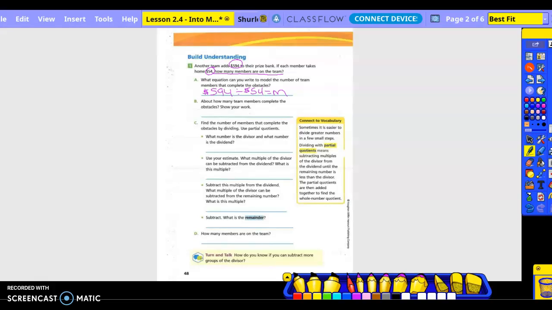So we always say we estimate because of about, right? And we always estimate what first? The divisor, right? So 54 we'd estimate to what? 50, okay? Or we could do 55, right? Okay. But what would be better? What can we do the 594 to?